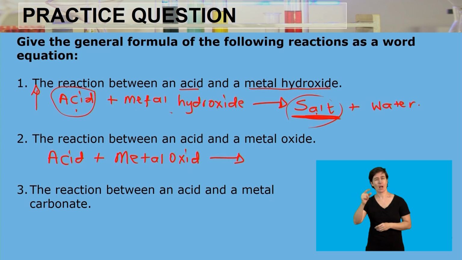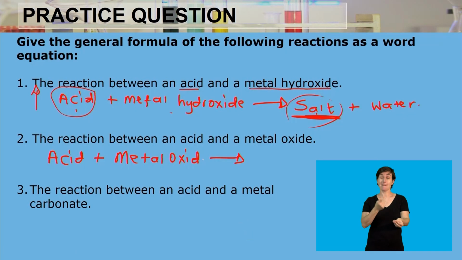We know again that the acid has a hydrogen in front of the molecular formula, so that hydrogen can be donated. In this case, our metal oxide doesn't have the hydroxide, it doesn't have the OH, it only has the O. So it is going to donate that oxygen.